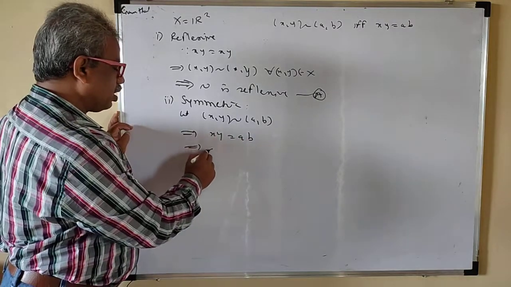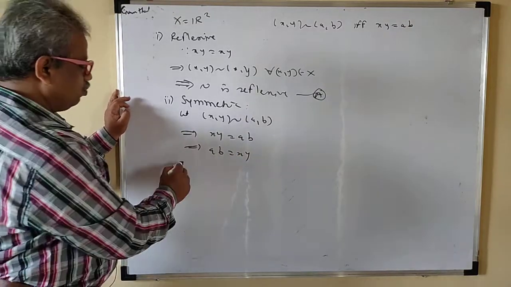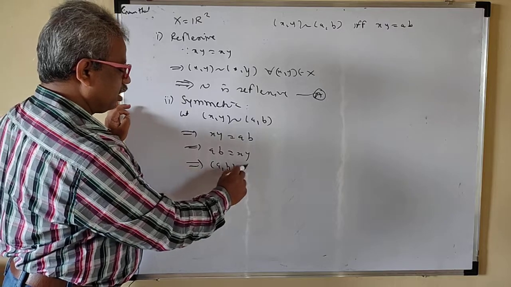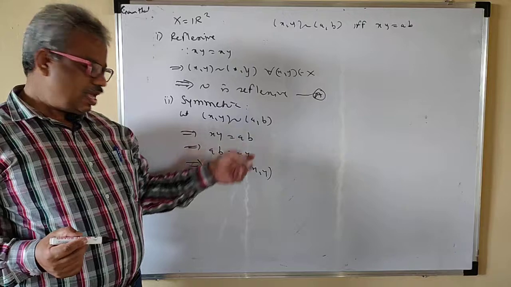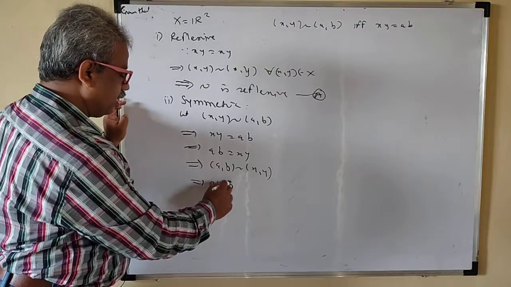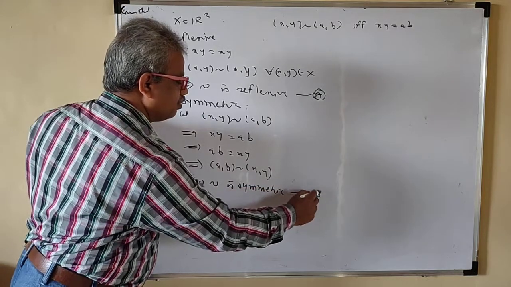I can write ab is equal to xy. So this implies that (a,b) is related to (x,y). So what have we done? (x,y) is related to (a,b), and we have proved (a,b) is related to (x,y). So that means the relation is symmetric. We call this P.